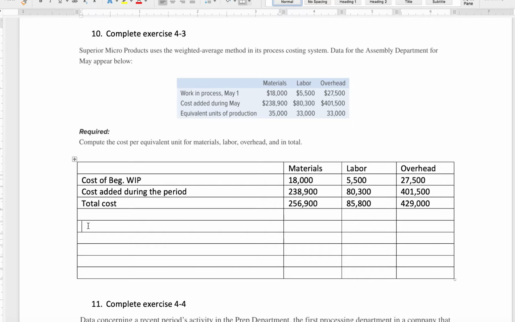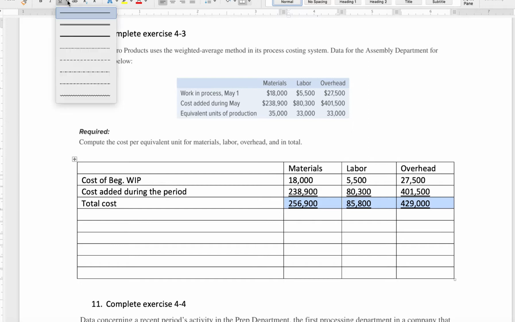Now, once I calculate my total cost, I'm just going to underline these here, and I'm going to double underline these right here. Okay.